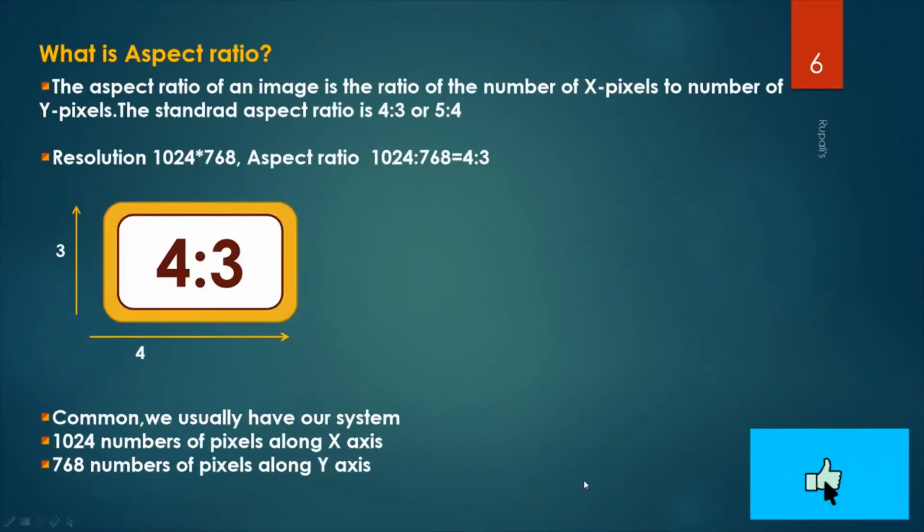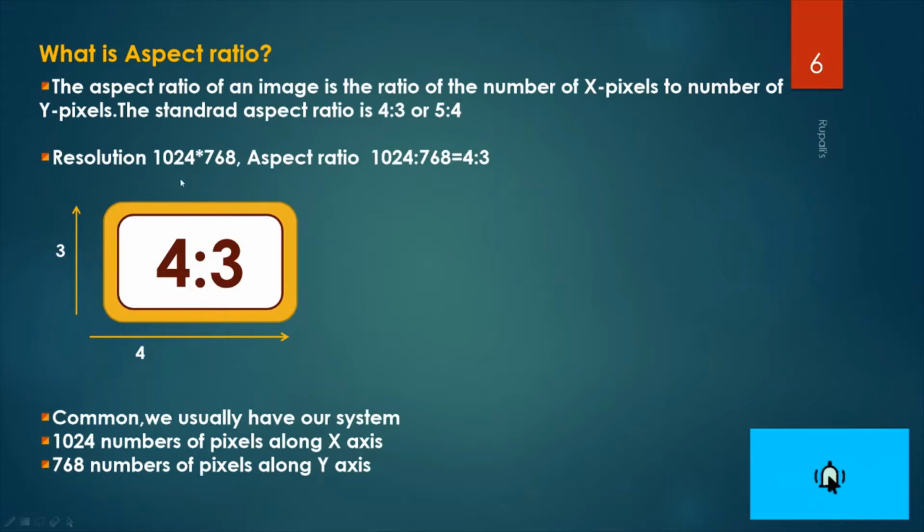So what is aspect ratio? The aspect ratio of an image is the ratio of the number of x pixels to the number of y pixels. The standard aspect ratio is 4:3 or 5:4.